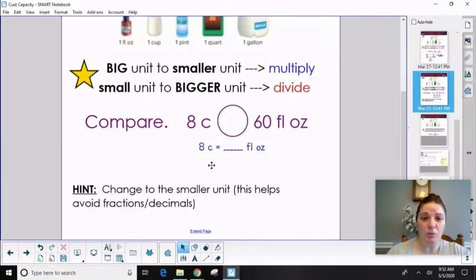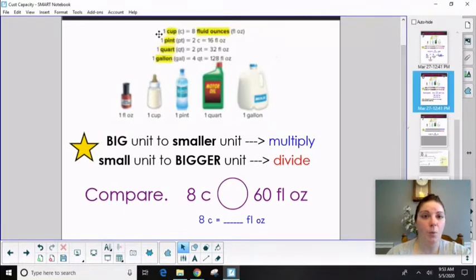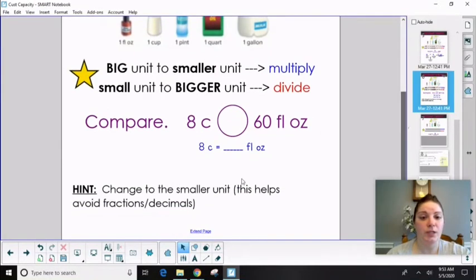Are we going big to small or small to big? Cups to fluid ounces. We're going big to small, so we multiply. And what's the conversion between cups and fluid ounces? 1 cup, 8 fluid ounces. So we're taking 8 cups times 8 fluid ounces in a cup, and that gives us 64 fluid ounces.